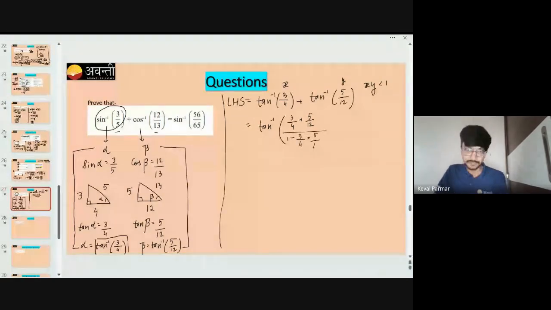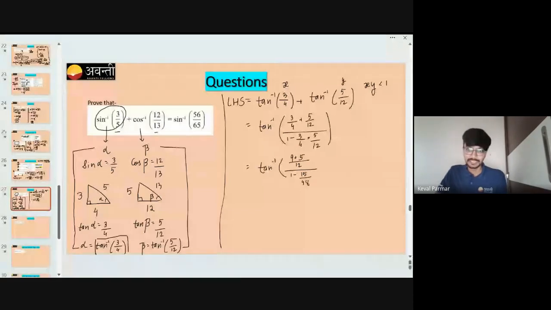So let us take the LCM here. We will get tan inverse of, what will be the LCM? 12 is the LCM and 3 is 9. I hope I am right. Multiply and divide by 3. Yeah. So we will get 9 plus 5. What will we get in the denominator? We will get 1 minus 5 threes are 15. So we can cancel this now, right? Okay, no need to cancel. We will just take 15 upon 48.